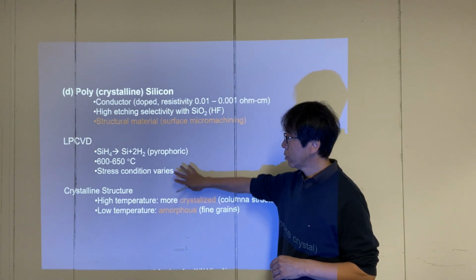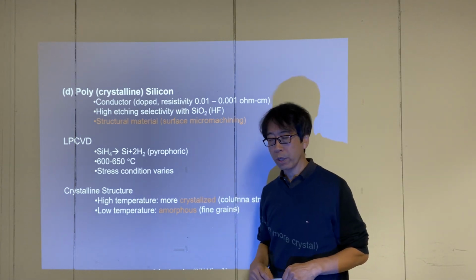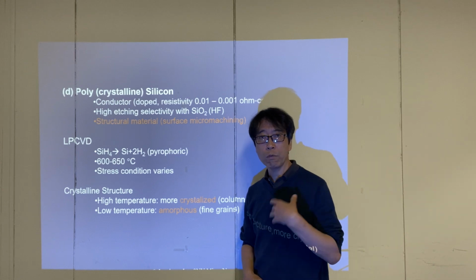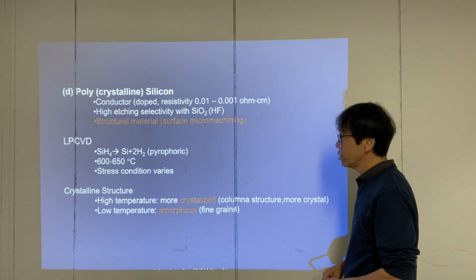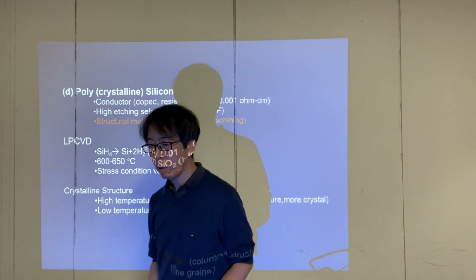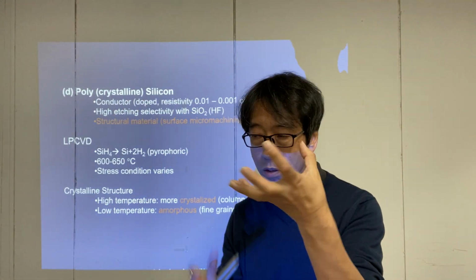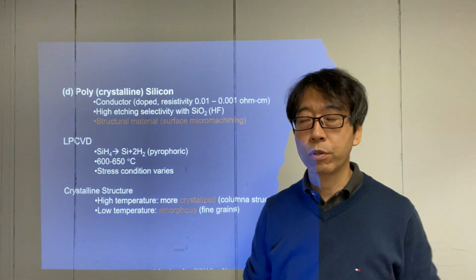What's important is that the stress condition varies depending upon the temperature history. So it's hard to control the stress, but we can control it. That's why we need engineering process in these cases. And for the crystalline structure, if you elevate the temperature, you have more crystals. That makes sense because you allow time for the lattice to align with each other to form larger crystals.